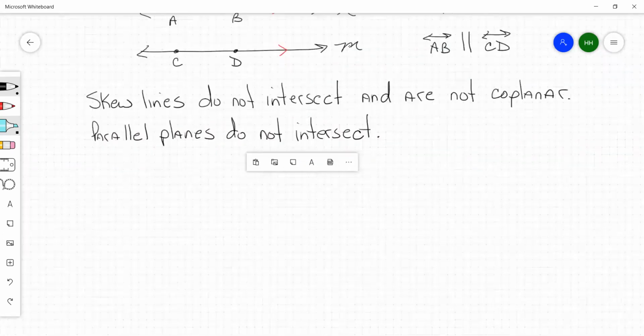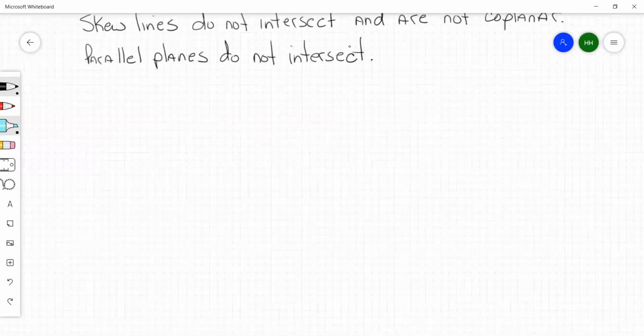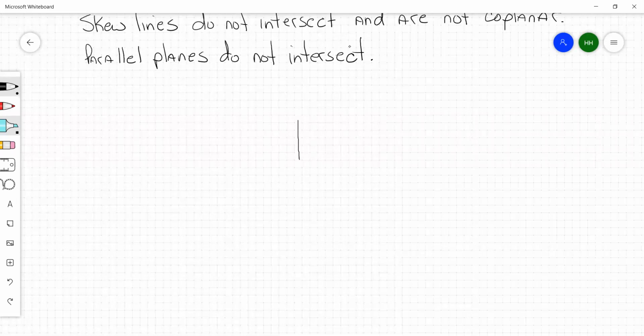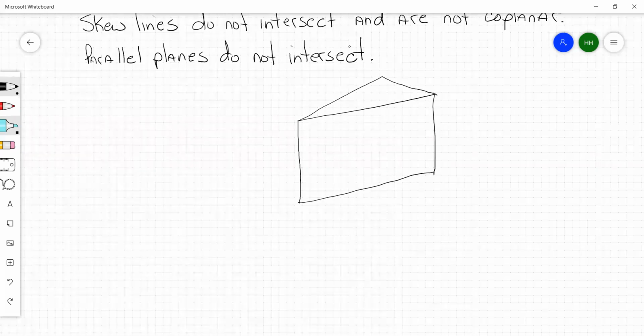So you can draw this, you might as well just draw this piece of cheese because I love cheese. So we're going to go piece of cheese right here. We're going to label it JKL.